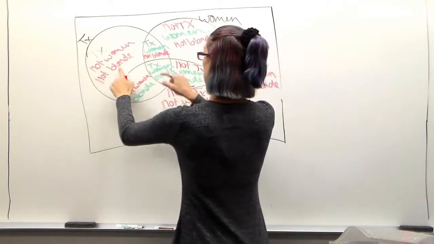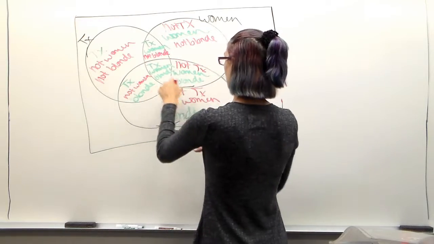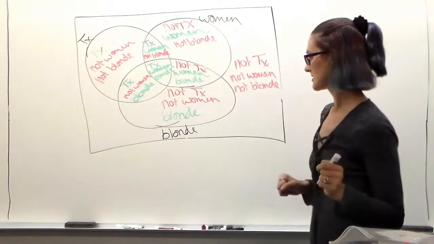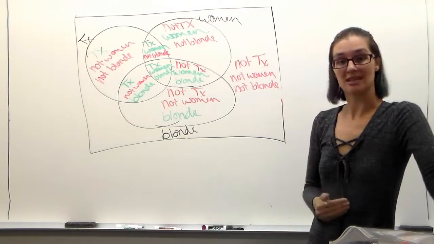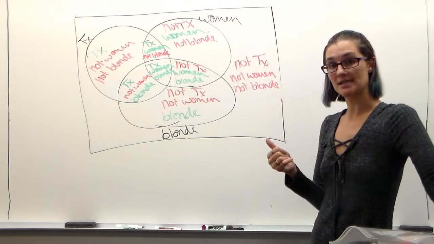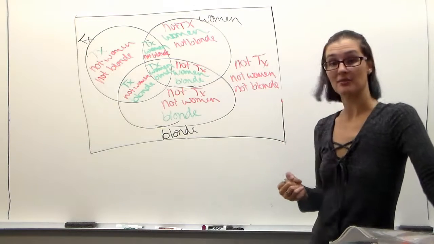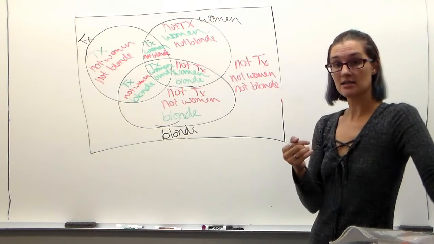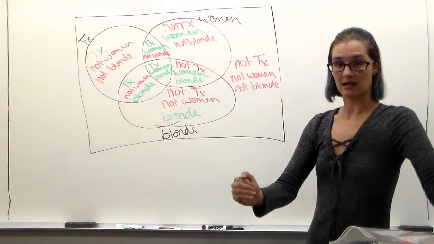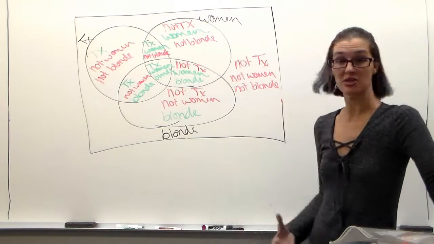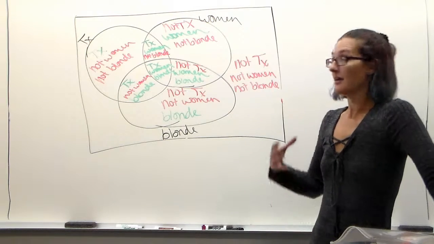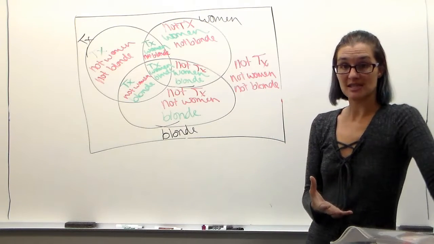So I have 8 blondes. 1, 2, 3, 4, 5, 6, 7, and 8. And that gets us the exact same thing, but it does it just a little bit quicker. The first time I did it for understanding. The second time I did it for efficiency. As you're learning it, do it for understanding. But once you understand it, a lot of my students decided they don't want to do all that writing. At that point, you do it for efficiency.